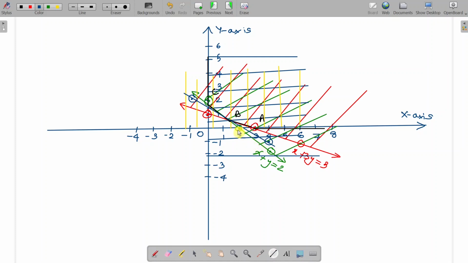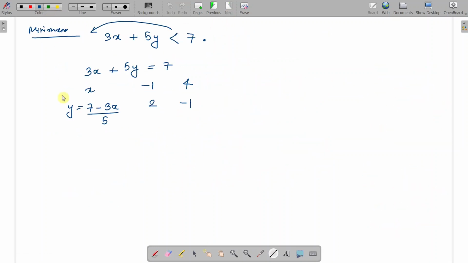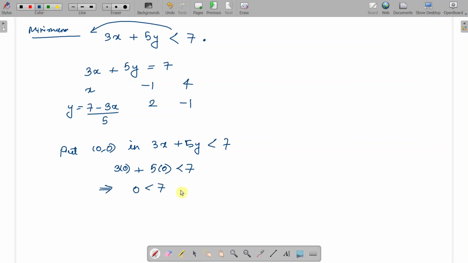So you can see, if we look at the solution region now, put 0 comma 0 in 3x plus 5y less than or equal to 7, right? So 3 times 0 plus 5 times 0 less than or equal to 7. So 0 less than or equal to 7 is true.